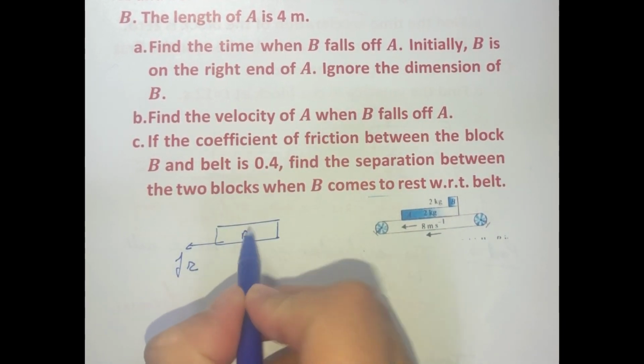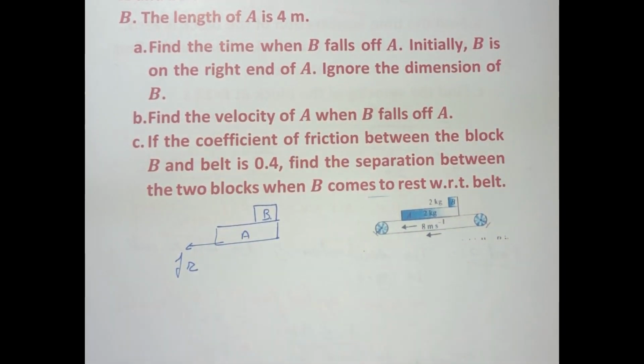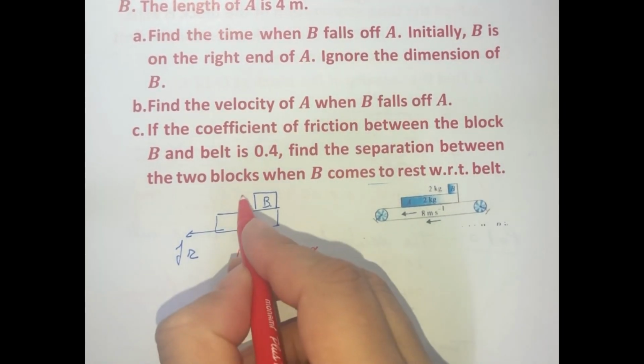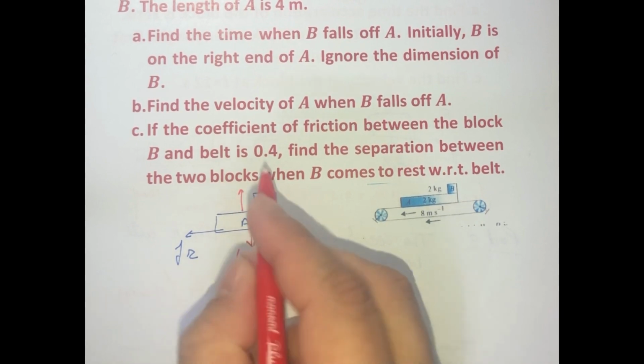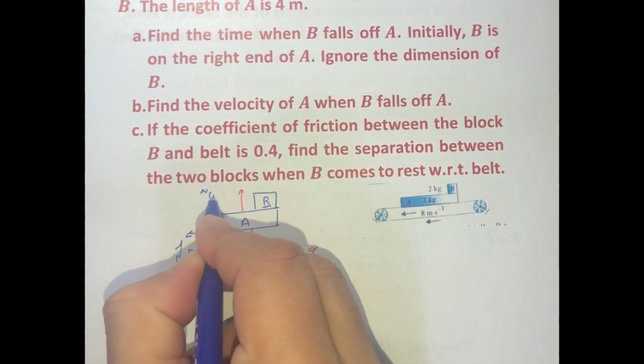So this is block A and this is block B. In the downward direction, we are going to have (MA plus MB)g, and in the upward direction there will be a normal. Let us suppose that we call it N of A plus B.